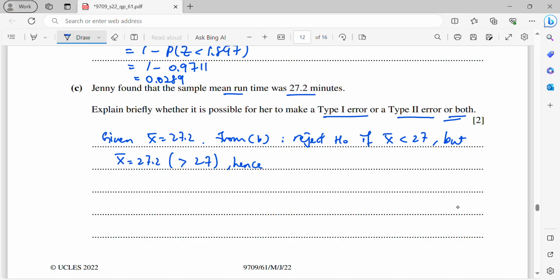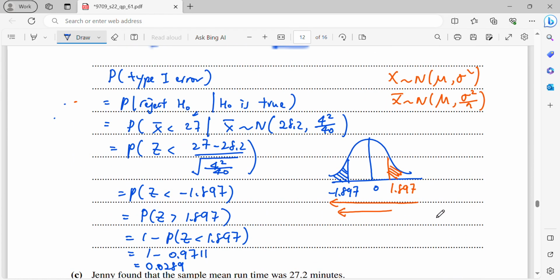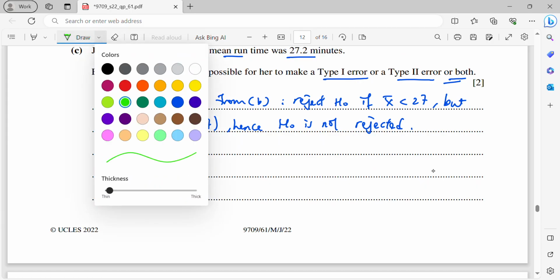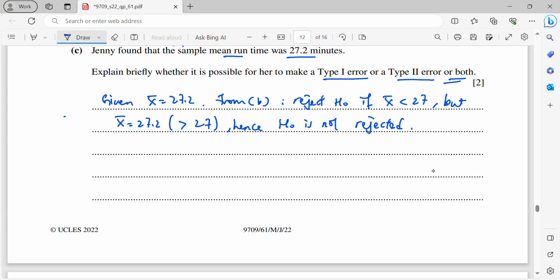Hence, H naught is not rejected. When H naught is not rejected, type 1 error is impossible, because type 1 error means we reject the H naught based on the definition. So from here, type 1 error is not possible.